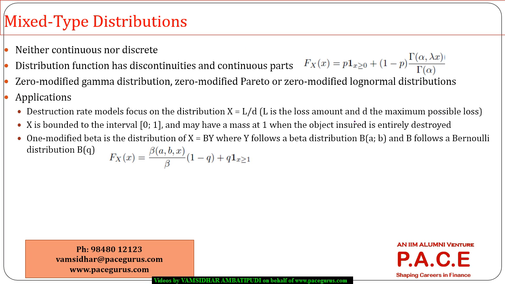Now, moving on to the next one, which we call the mixed type distribution. Mixed type distributions are neither purely continuous nor discrete. Up to a certain point they are continuous, and after that they become discrete. They have discontinuities, which is the discrete part, and there is also a continuous part.